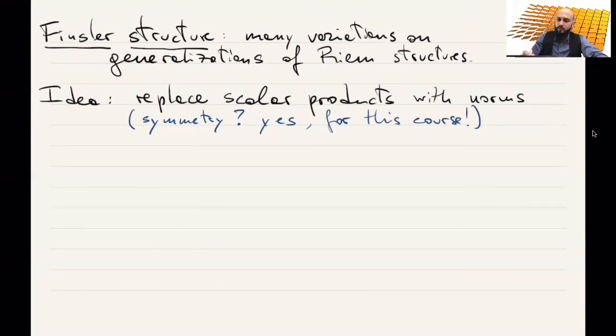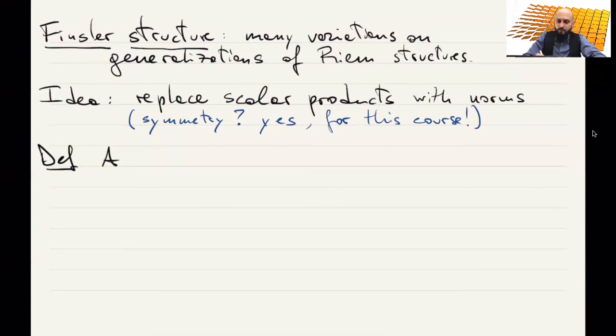But the notion of Finsler structure is not a fixed one in the whole mathematical theory, so pay attention when you read some text about Finsler structures. So here's my definition. I will make it very general. Still, this is the barest thing that I need to make it induce a distance.